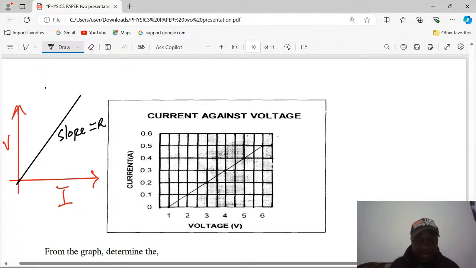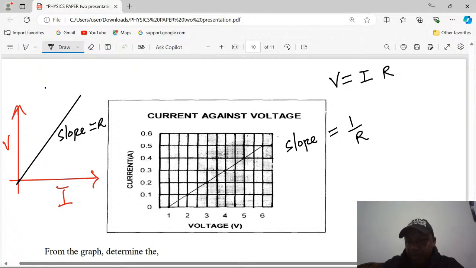But in this other case, where the axes have been inverted, the slope is going to give us 1 over resistance, the reciprocal of resistance. This is from V equals IR.